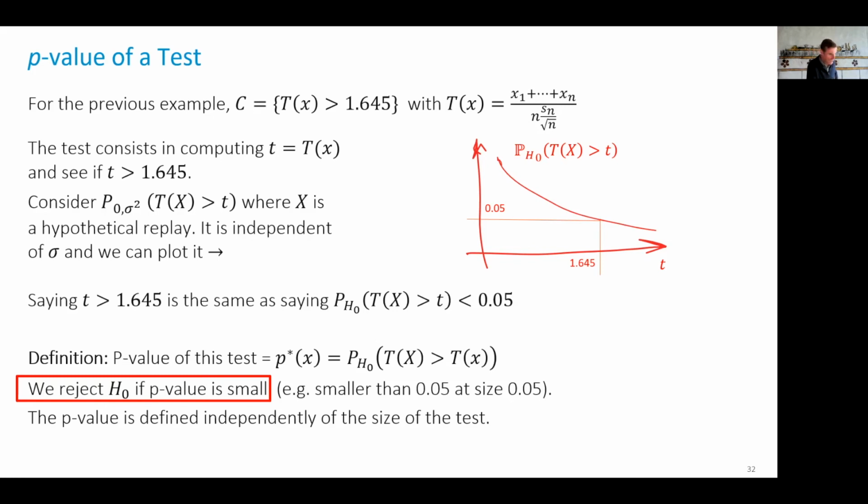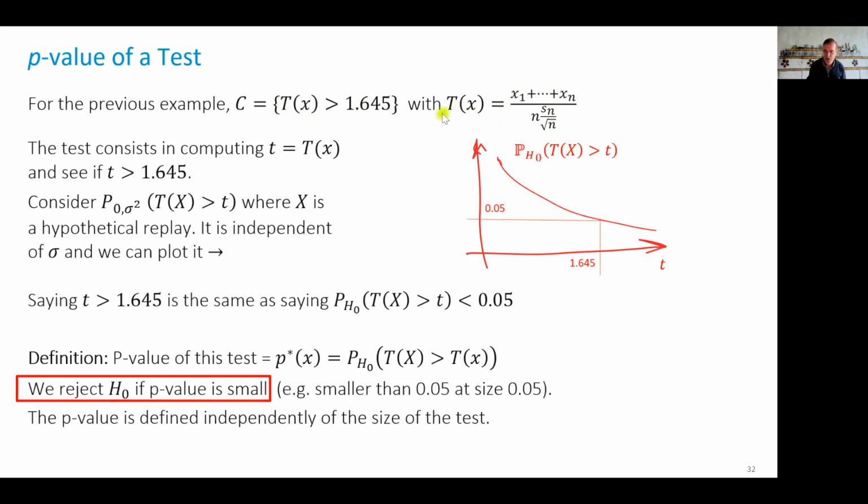Well, if we look at the previous example, we had a rejection region, and I called T of X the magic formula, the pivot. You remember there was a formula that said I compute this, which I rescale appropriately, because if I don't rescale, I'm unable to create a test that has any reasonable size. So I rescale, I obtain this pivot.